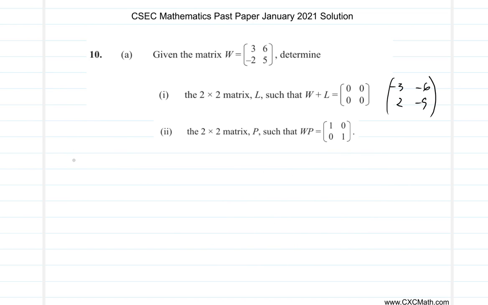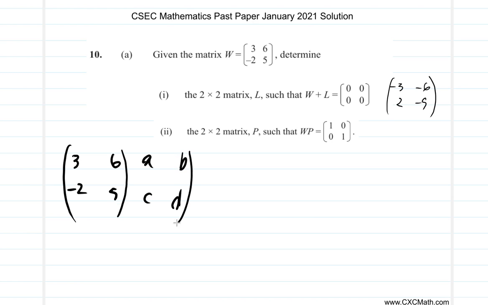Suppose you look at it this way and say you have W, which is 3, 6, negative 2, 5, multiplied by, let's say, A, B, C, D. And it gives you 1, 0, 0, 1.